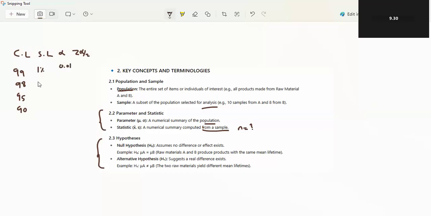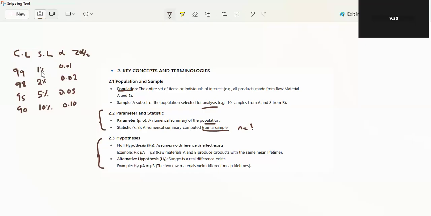About 98%, what is significance level? 2%. Or 0.02 when you divide it by 100. About 95%. 5%. Or 0.05. About 90%. So 10%. Or 0.10.